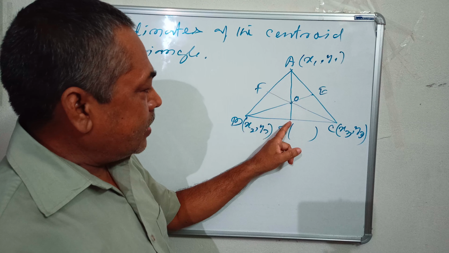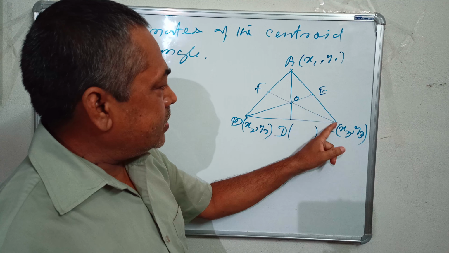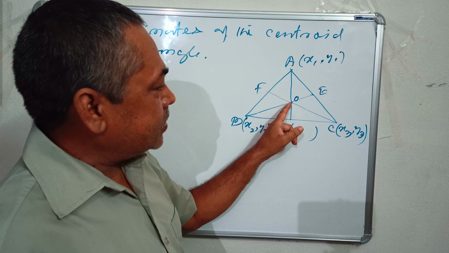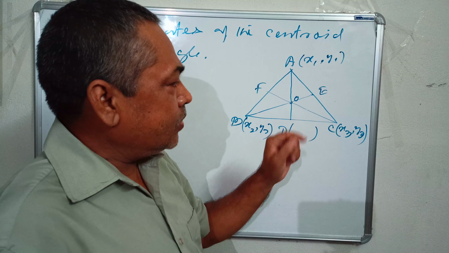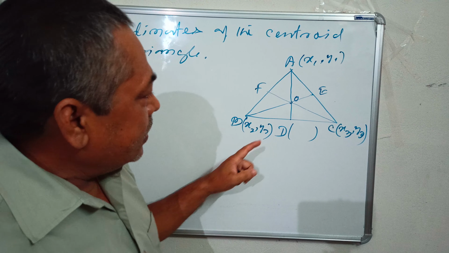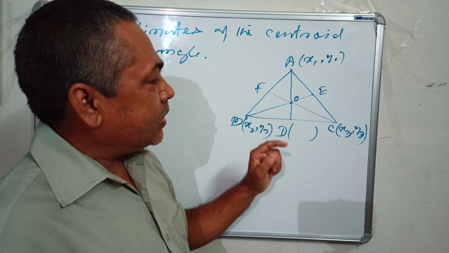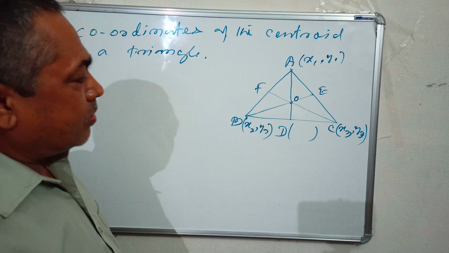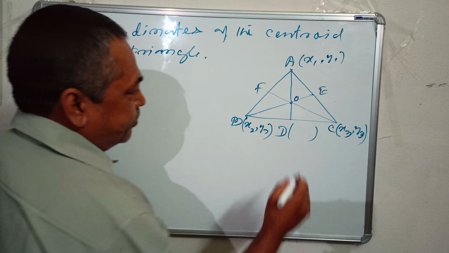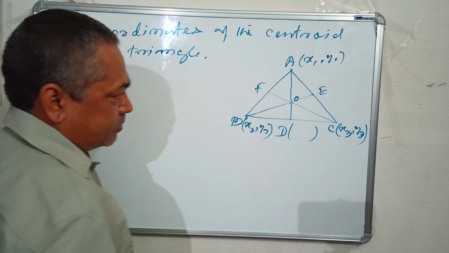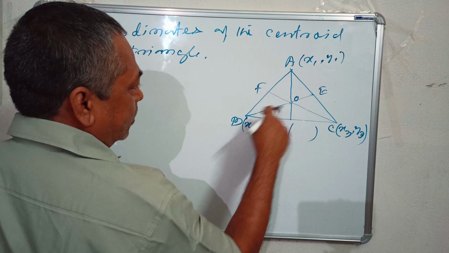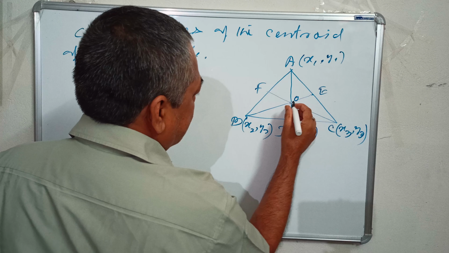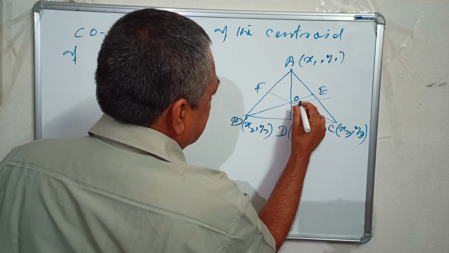AD is a median, BE is a median, CF is a median. All the medians are passing through the same point. In the language of mathematics, we say that the medians of a triangle are concurrent. And that point of concurrence, the point through which all the medians are passing, is called the centroid.